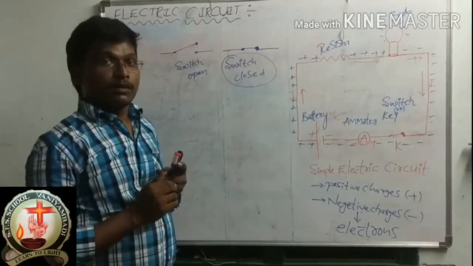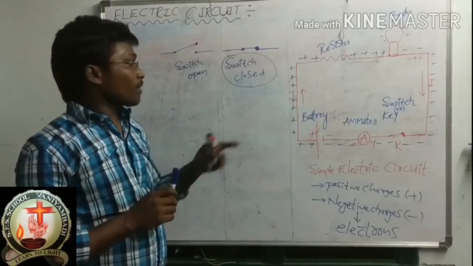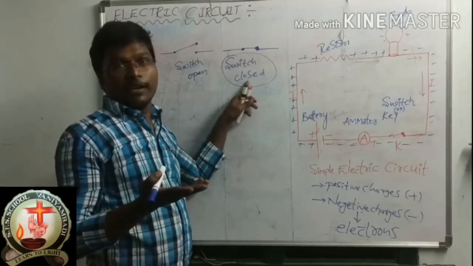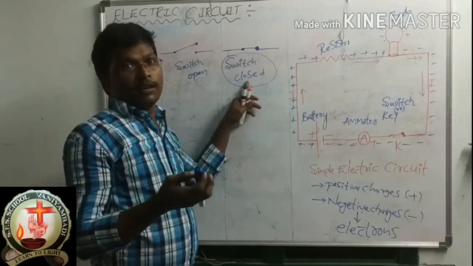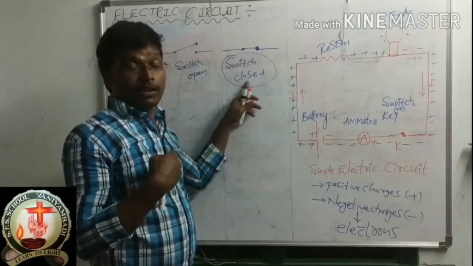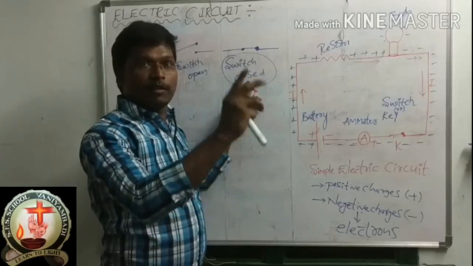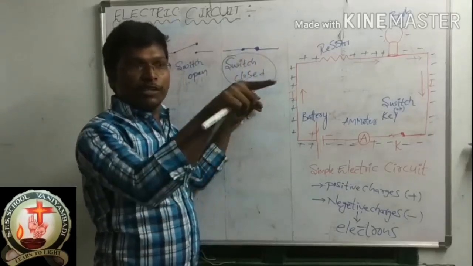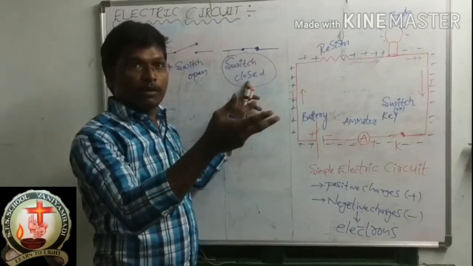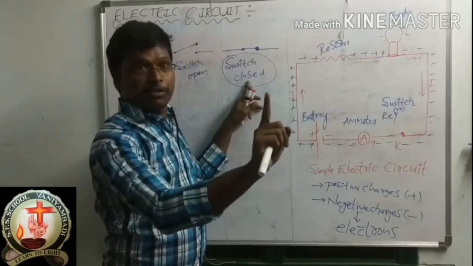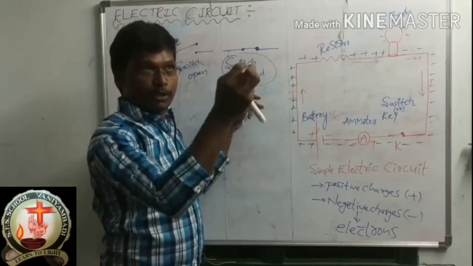Here, switch is closed means what we use every day in our homes. We have electrical boards, right? We can on the switch means the bulb will glow. We can off the switch means the bulb won't glow. Correct? Here you are oning the switch means the bulb will glow.